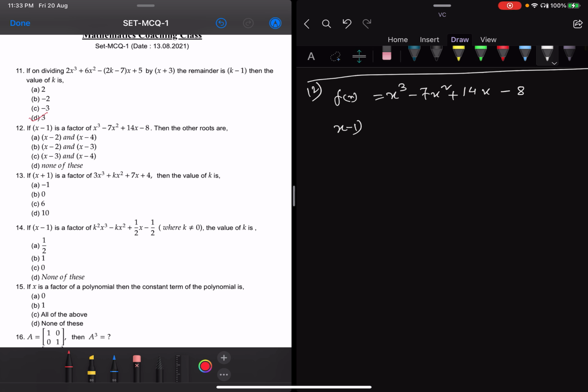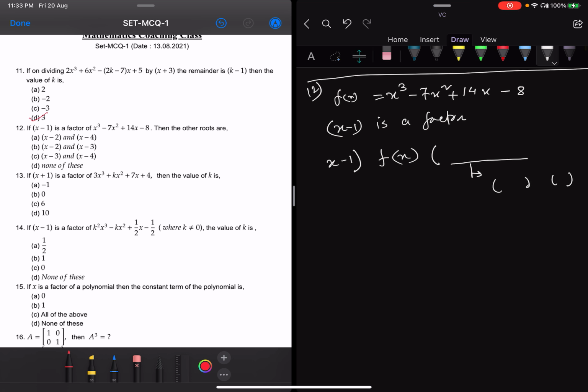Now x minus 1 is a factor. As x minus 1 is a factor, in the general method for this kind of problem, we divide f(x) by x minus 1, we get a quotient, and we then factorize it to get the other two factors, right?